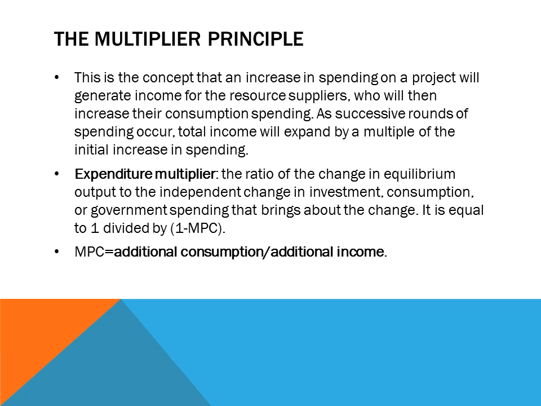It is equal to 1 divided by 1 minus MPC. And MPC is the marginal propensity to consume. That is, if you get an additional dollar, what is the percentage of that dollar in income that you will turn around and spend on consumption? So MPC is equal to the additional consumption divided by additional income.